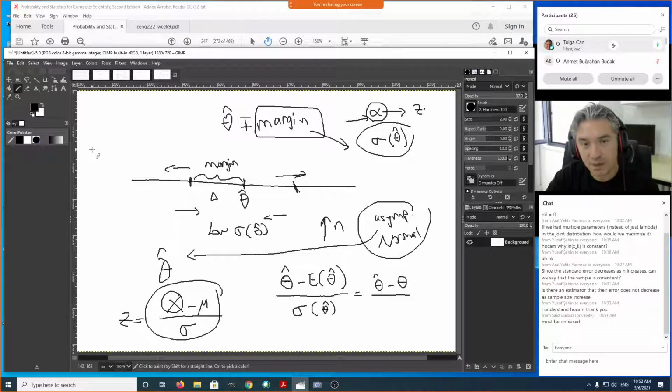So if you want to build confidence intervals by using the techniques that are described in section 9.2, your estimator has to have these properties. If you have an estimator which is unbiased and asymptotically normal, then we will be able to use the techniques that we see in section 9.2. So the algorithm for building confidence intervals will have first two steps. First, show that your estimator is unbiased. Then show that it's asymptotically normal.